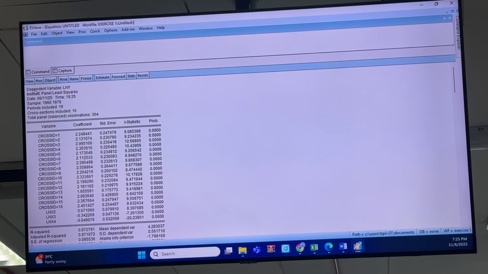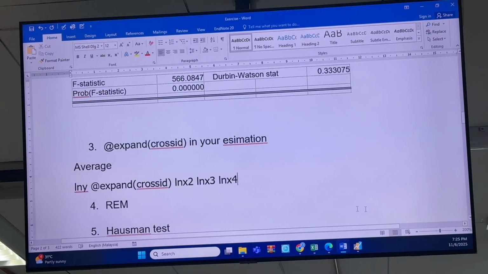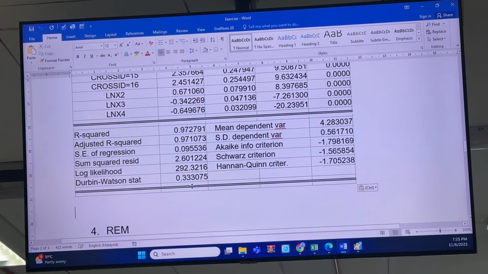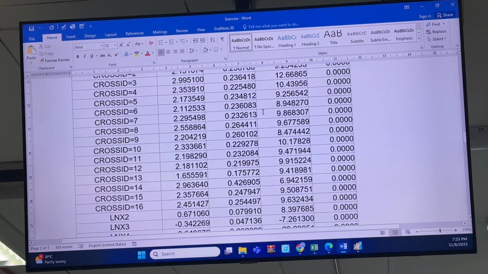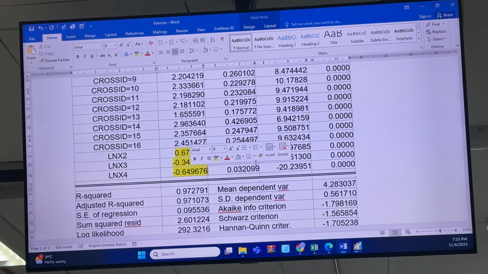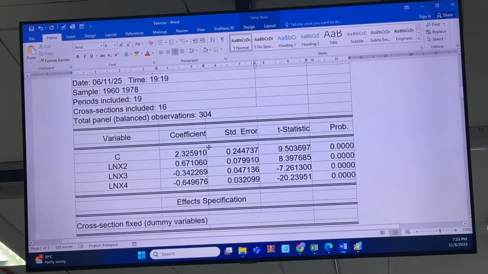Now this is my result, right? So this is my coefficient, and this is my test statistic, right?